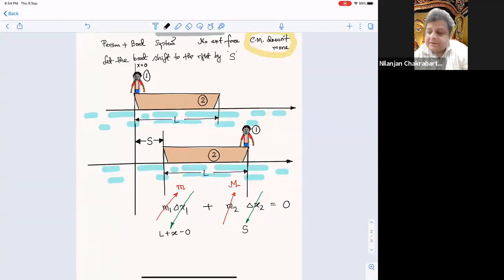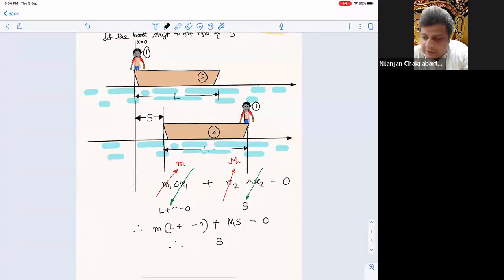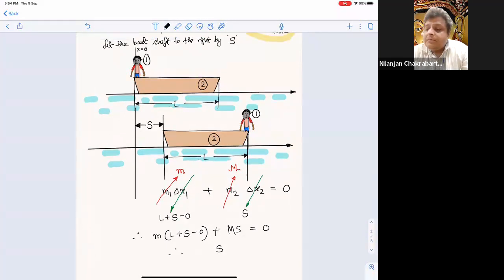Therefore m into L plus x minus 0 plus capital M into s is equal to 0. Oh, why L plus x? It will be L plus s. Final coordinate of the person is L plus s.